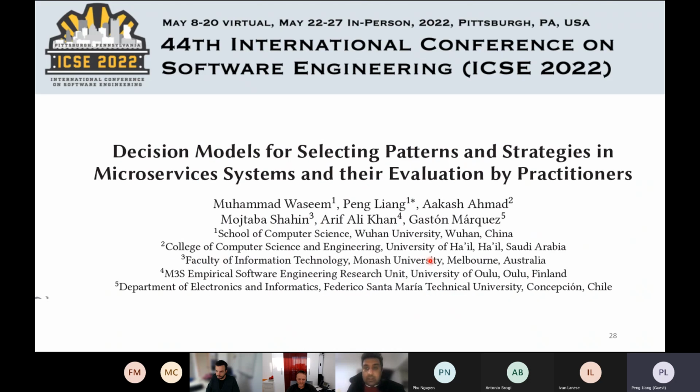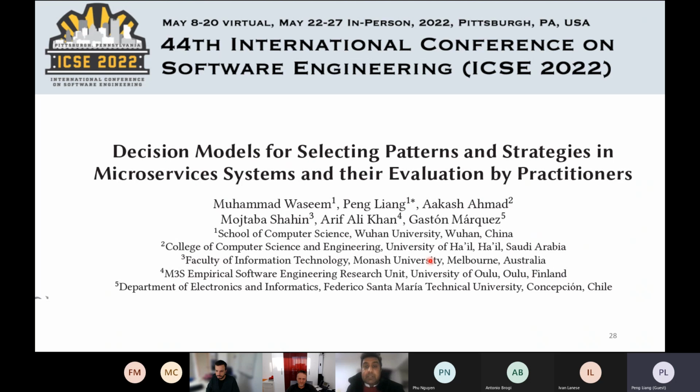And this year, our paper has been accepted at ICSI. It's about a decision model for selecting patterns and strategies in microservices systems and their evaluation by practitioners. The preprint version is available on ResearchGate, and interested people can download it from there.